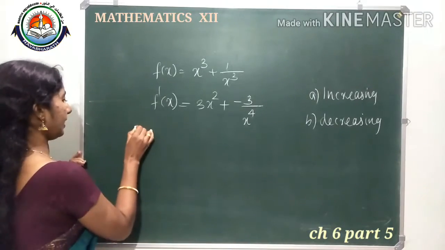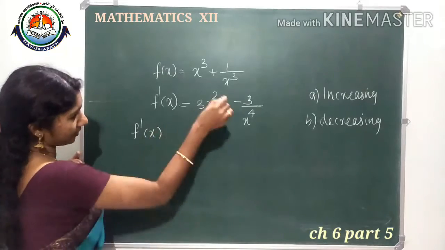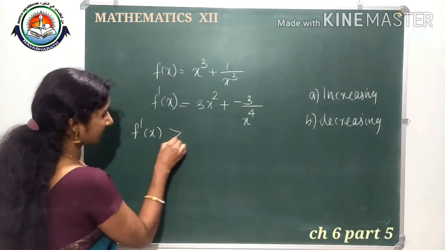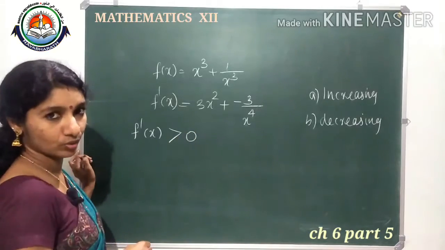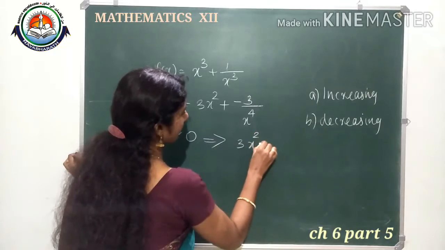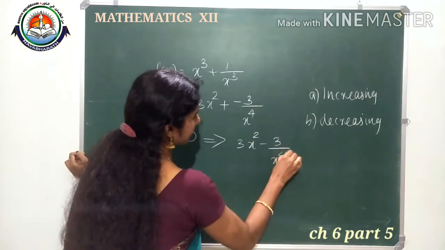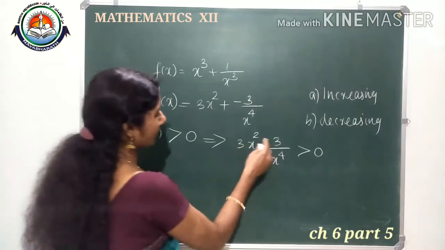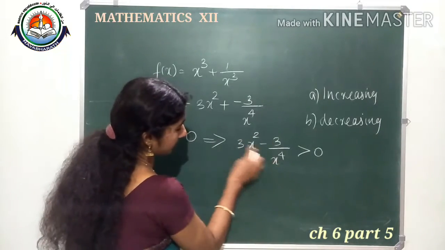So, here for getting the increasing interval we need to consider f dash of x greater than 0. F dash of x greater than 0 implies 3x square minus 3 by x raised to 4 greater than 0. 3 you can take common factor or take the LCM.